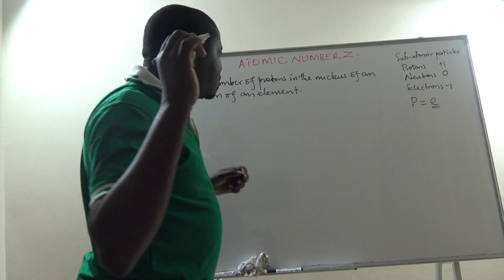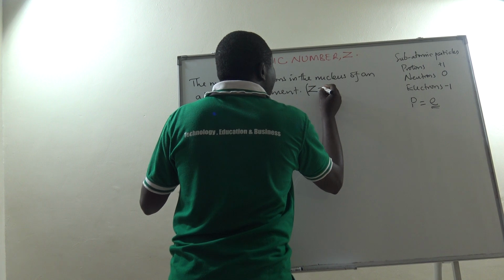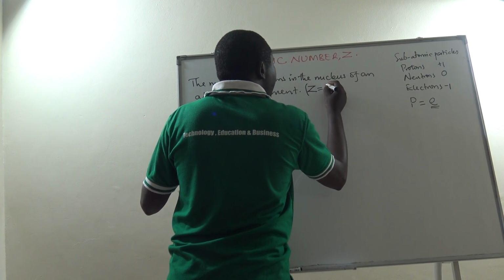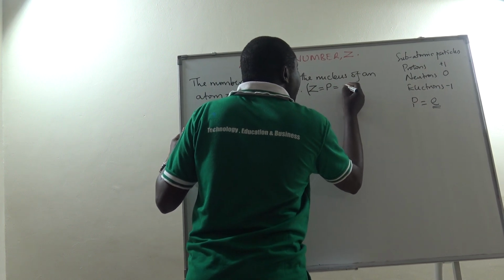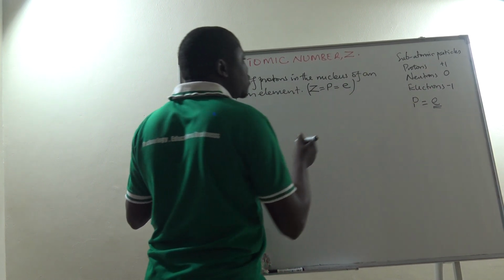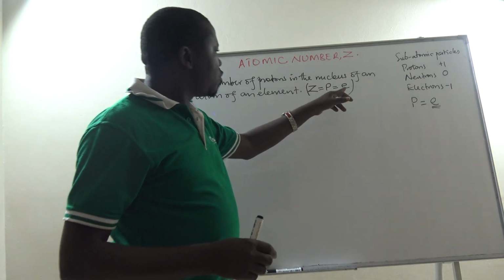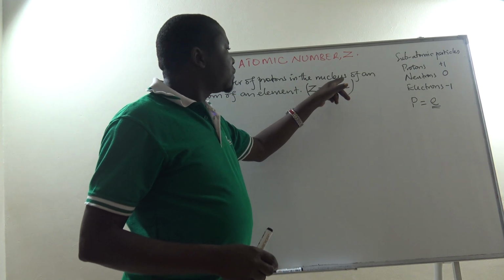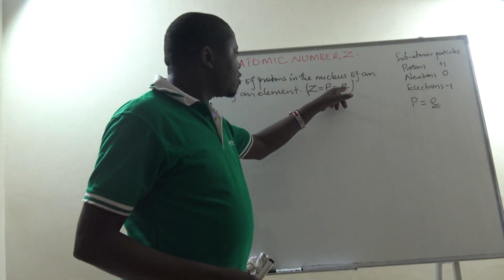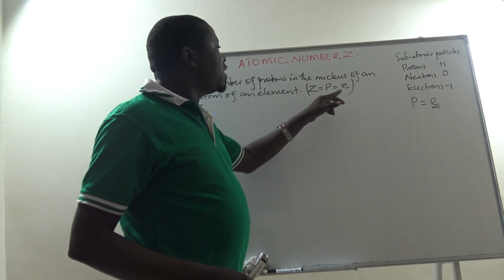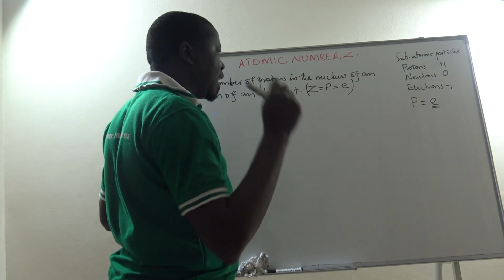But you should bear in mind that the atomic number which is represented or denoted by Z is the same as the number of protons, and in a neutral atom we expect the number of protons to be the same as the number of electrons. So this is a very good and a very important thing that we need to know, that the number of electrons is equal to the number of protons, although in some cases the number of electrons may not be the same if the atom is not neutral, because there can be electron loss or electron gain in an atom of an element.